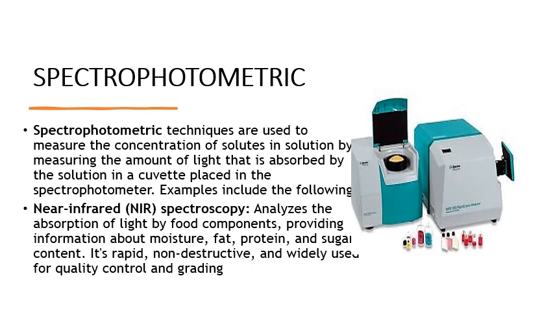NIR spectroscopy leverages the absorption characteristics of specific food components in the near-infrared region, around 780 to 2500 nm, of the electromagnetic spectrum. So by analyzing the pattern of the light absorption, this technique can provide rapid and non-destructive measurement of key quality parameters such as the moisture, fats, protein, and sugar content.